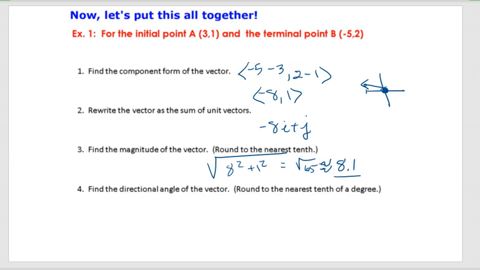Find the directional angle of the vector, so that's going to be tan inverse of 1 over -8. I had to look and see. Pardon me, I started this too late. So tan inverse of 1 divided by -8 is -7.1.